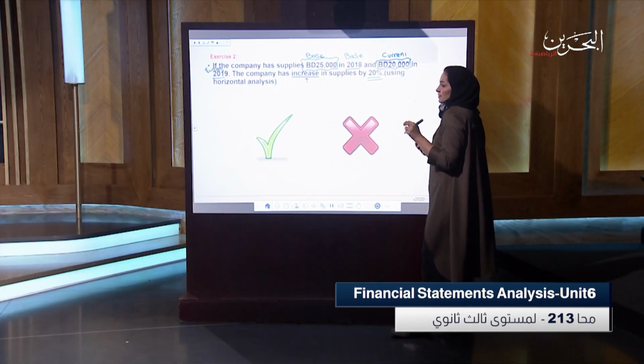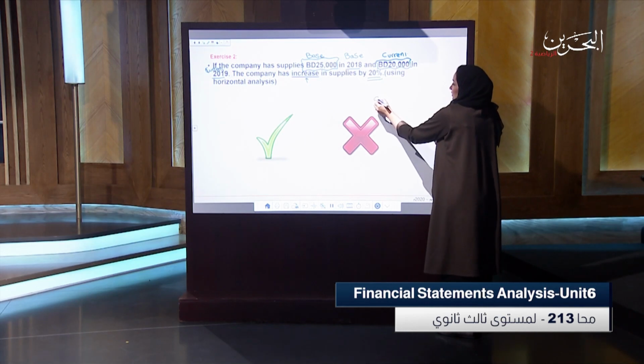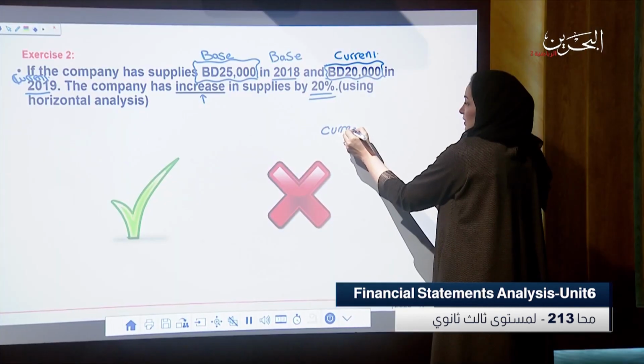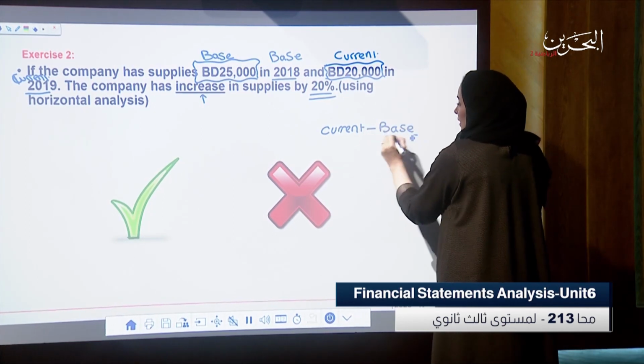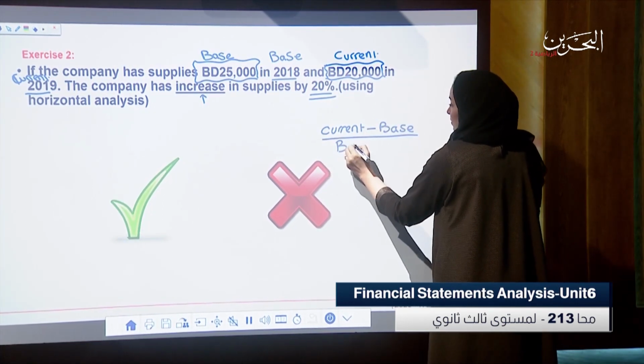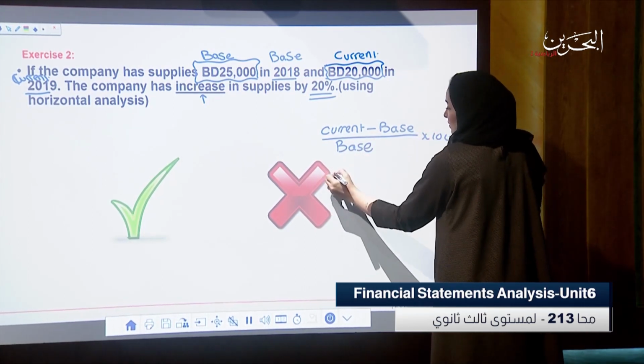Increase means the second formula: current year amount minus base year amount, divided by base year amount, multiplied by 100.